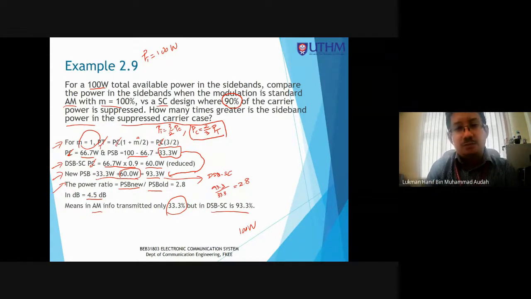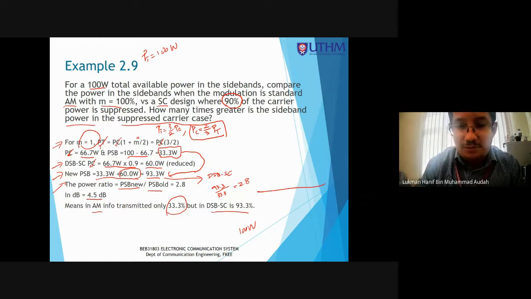Ini kalau kita gambarkan, dari segi tadi asalnya gini. Kalau double sideband full carrier gini, and then this is double sideband full carrier, this is fc plus fm, fc minus fm. So this is a double sideband full carrier.